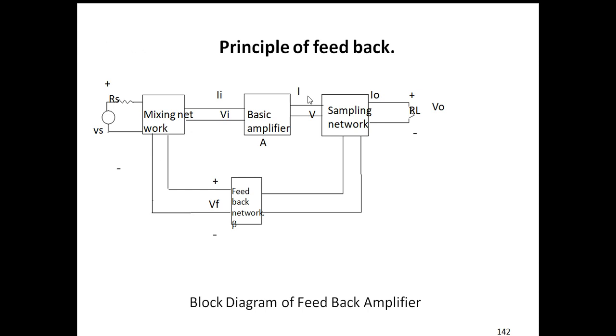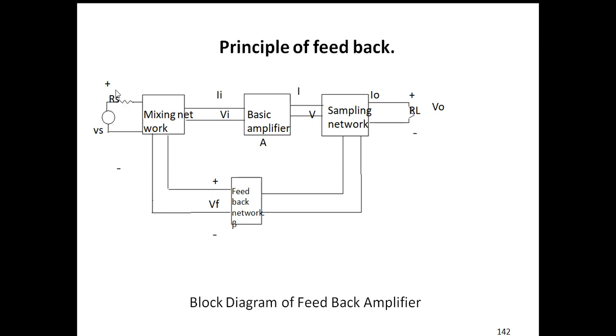This is a basic block diagram of a feedback amplifier network. This is the mixing network. This is the basic amplifier network. This is the sampling network. This is the feedback network. Okay, mixing network. What does it mix? The feedback signal mixes with the input signal, which is applied by Vs, the source voltage.